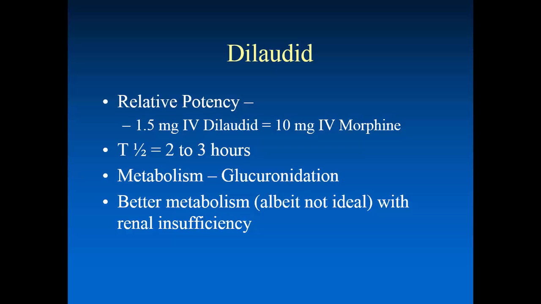The half-life of Dilaudid is about 2 to 3 hours, and metabolism, again, is glucuronidation. Dilaudid is also water-soluble. It has better metabolism, although not ideal, with renal insufficiency, and oftentimes that will be the first opioid we reach for if somebody has mild to moderate renal insufficiency.